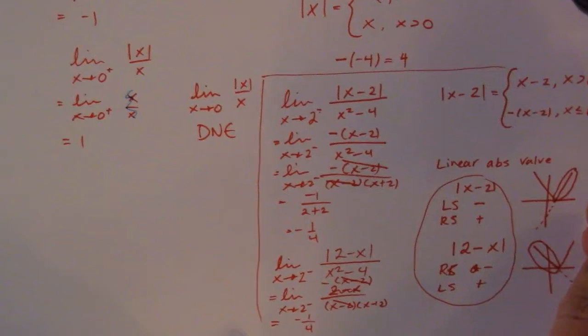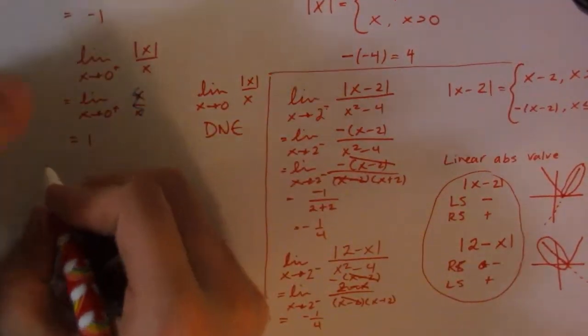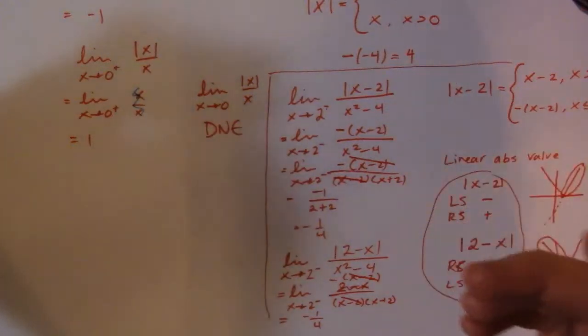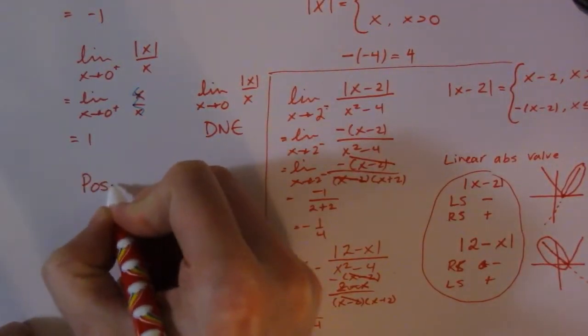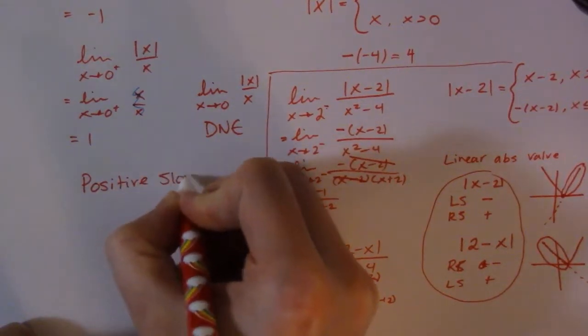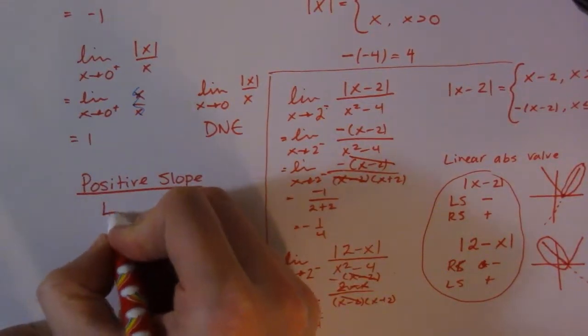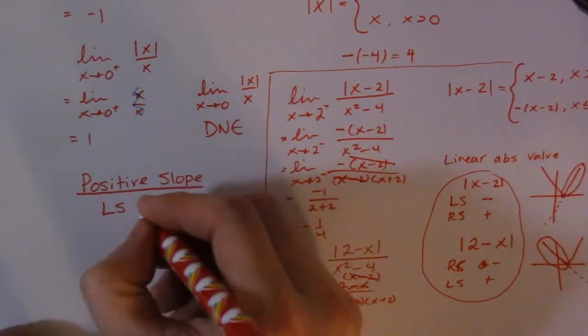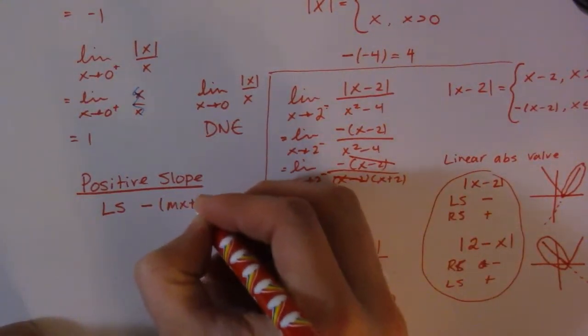So let me just summarize that one more time, because I don't think I did a very good job of it. This works for linear absolute value situations. So for something that has a positive slope, if it's approaching from the left side, you take the negative of your mx plus b.